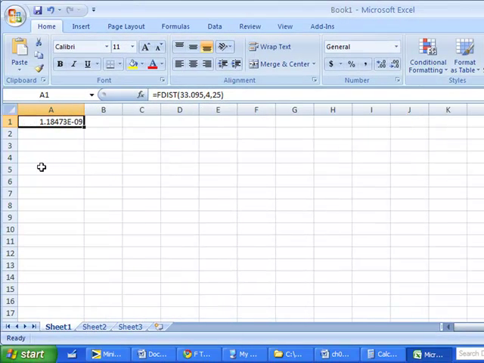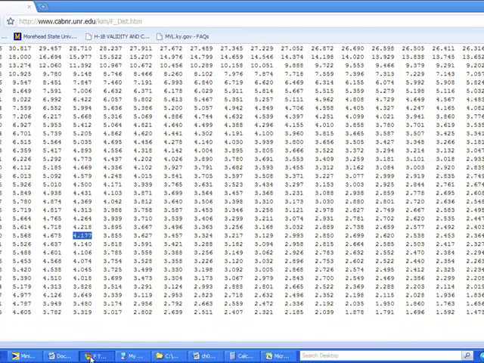So the exact value of p is 1.18 multiplied by 10 raised to negative 9. A very small value of p.